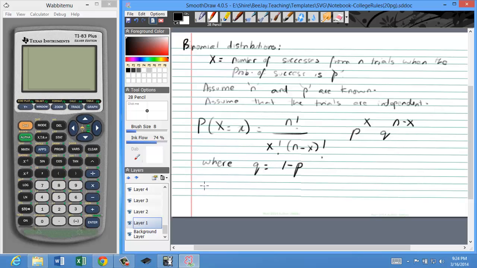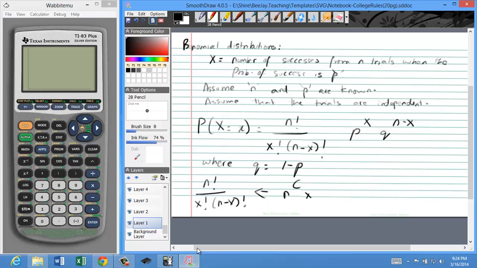Now what we have to note is success is any event of interest, and n factorial over x factorial times n minus x factorial is nothing but n choose x combinations, the number of ways in which you can obtain x number of successes from n trials.